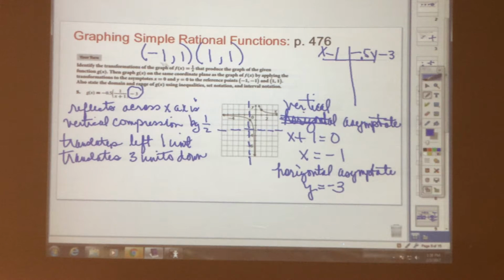Now, here's my reference points. Sorry. I put those reference points into each of those. So when I put a negative 1 in for x, negative 1 minus 1 is negative 2. Then I put this one in for x. 1 minus 1 is 0.